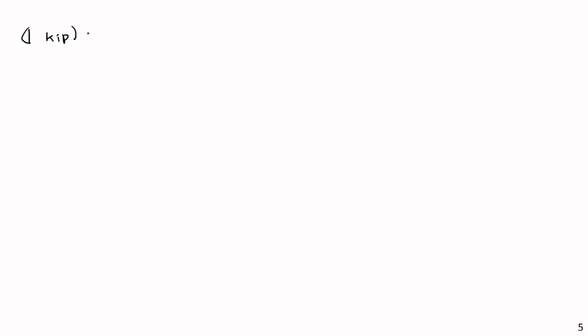I just want to show that the units really do work out on this. 1 kip times delta is equal to 1 over EI, which is 4.176 times 10 to the 6 kip per foot squared, times 0.005787 feet to the 4th power.